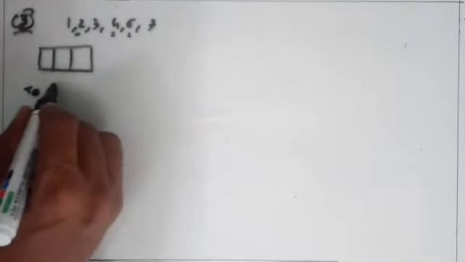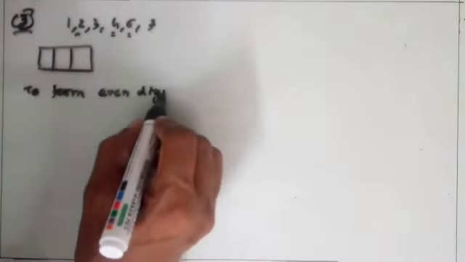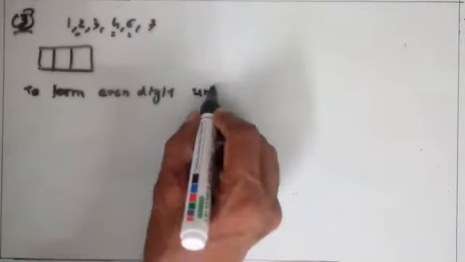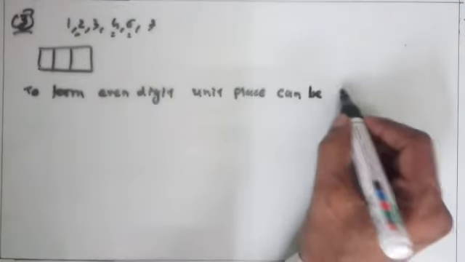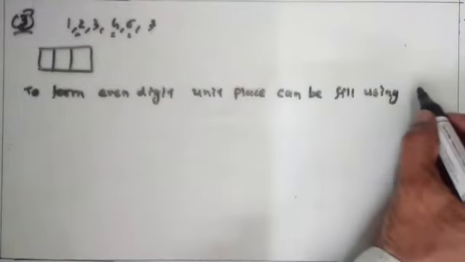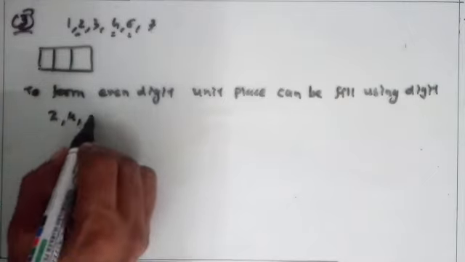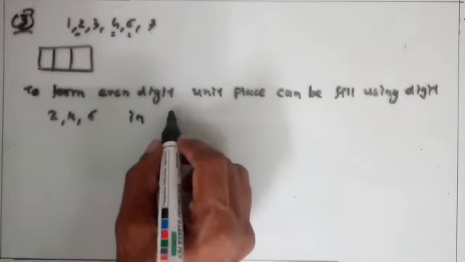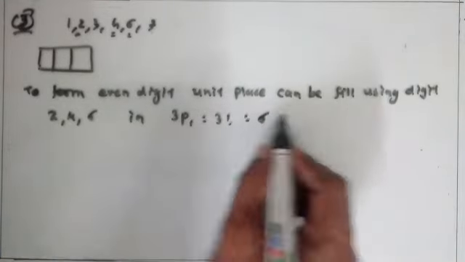To form an even number, the unit place can be filled using digits 2, 4, 6 in 3P1, which is equal to 3 factorial, which is equal to 6 ways.